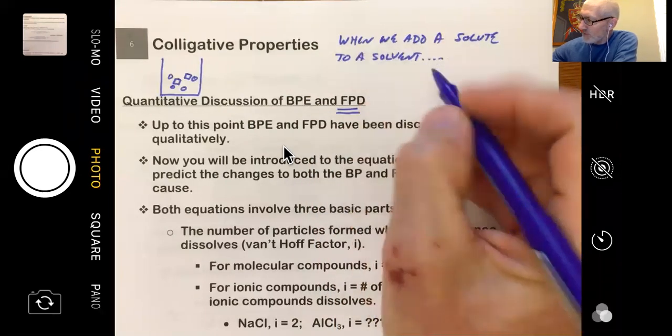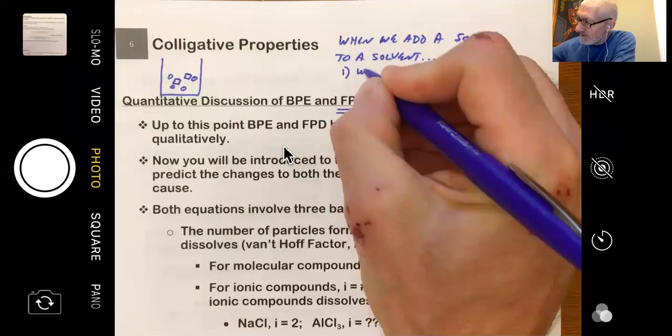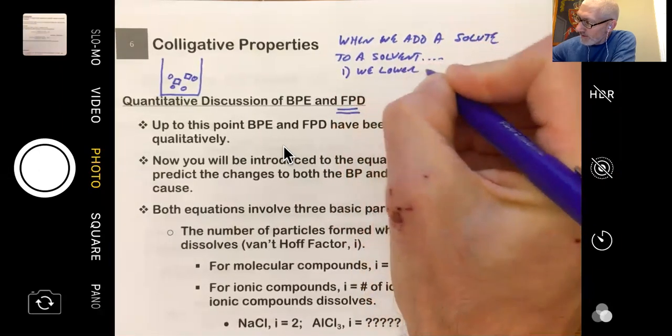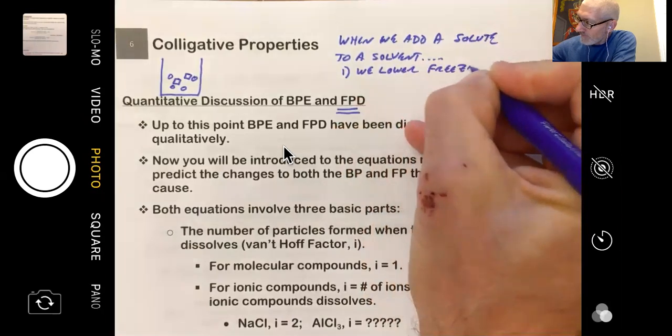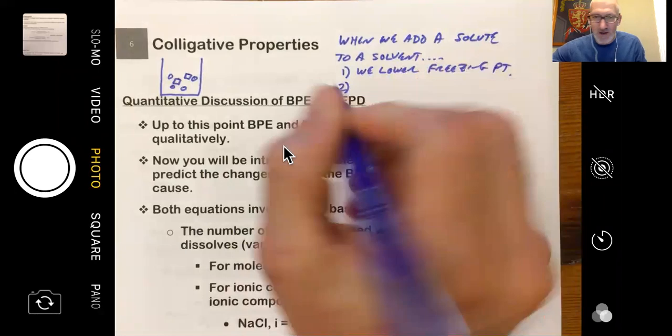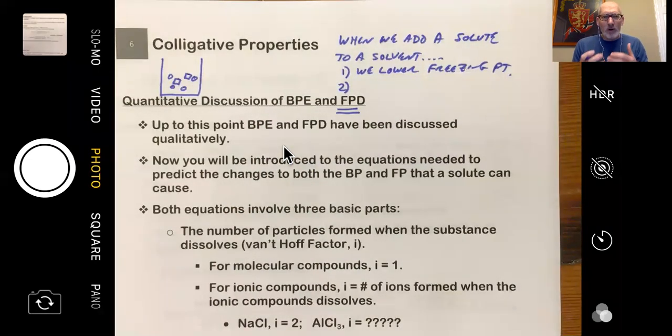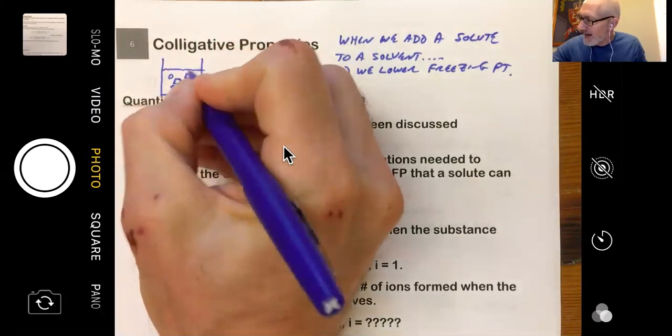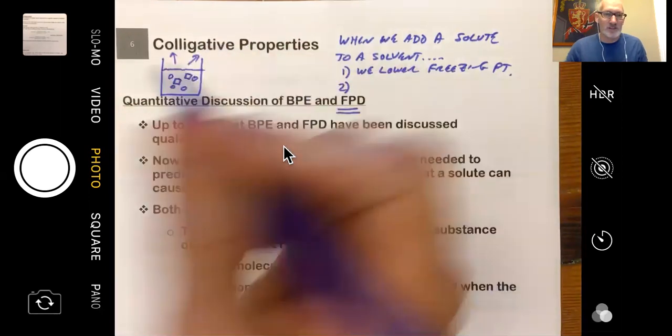So when we add a solute to a solvent, one, we lower the freezing point because those solute particles, whether they are molecules or ions, get in the way. And then the second thing that happens, if we switch this around, if we're boiling water, now we have to think about not trying to come together, but these molecules trying to break apart and fly out into the atmosphere.